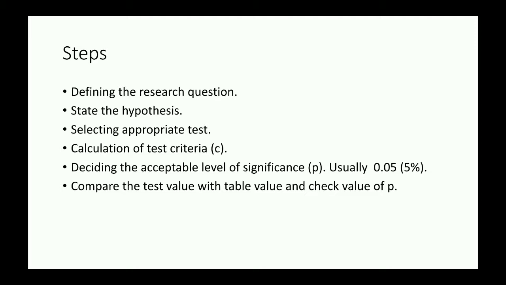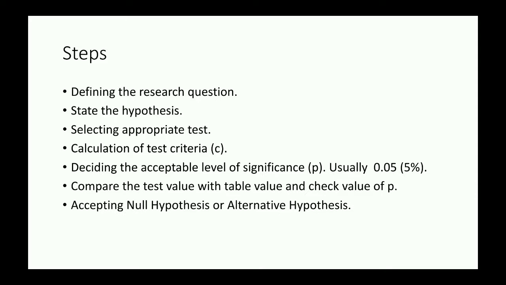Suppose you have got a t value at a certain degree of freedom and your significance is 5%. So you observe the table, whether the t value which you have got is in the acceptable range or in the non-acceptable range. And then you check the value of p because the p value tells you the significance.